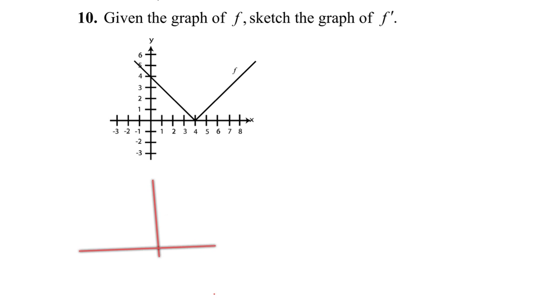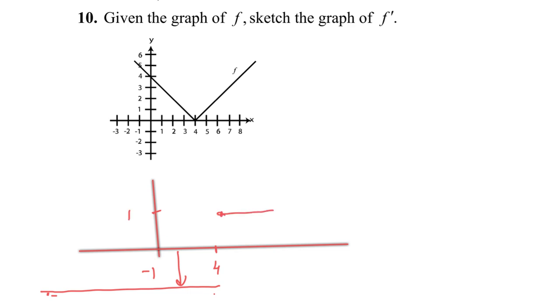At the right of the point 4, the slope is minus 1. So it will be like this, minus 1 all the time because it's a rectilinear line. At the left, it is plus 1. So the slope is plus 1 at the left, minus 1 at the right.